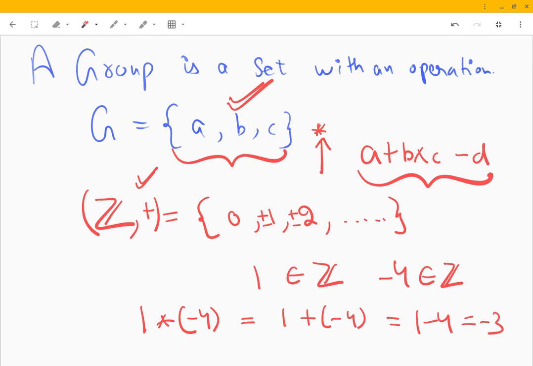So what happened? Two elements from the group operated on each other, and the operation is whatever is defined, right? Okay, so this was a very specific example.